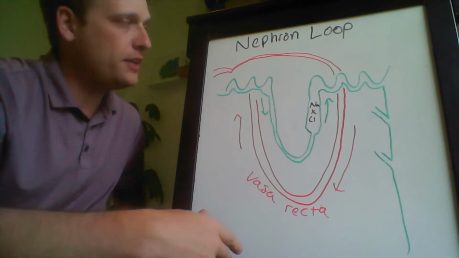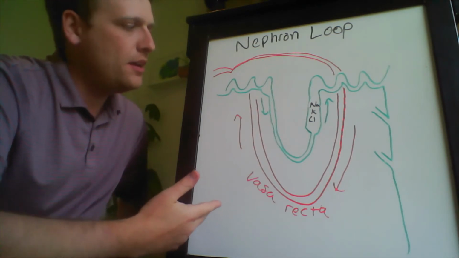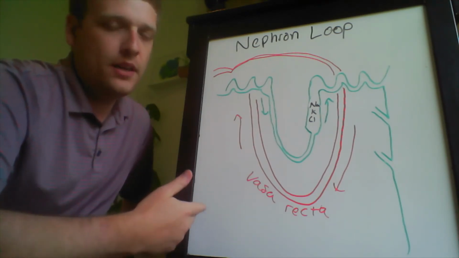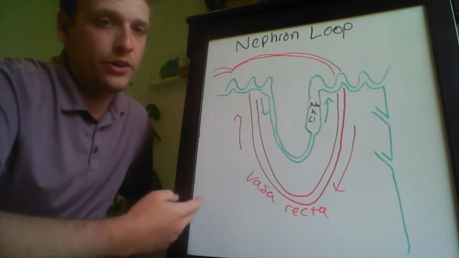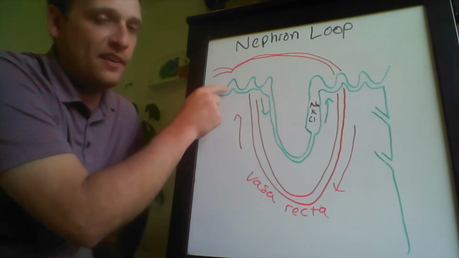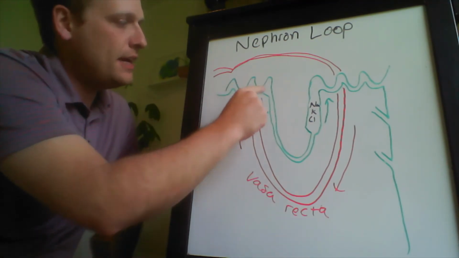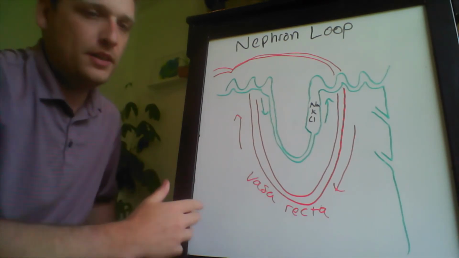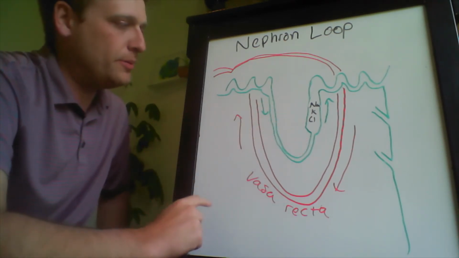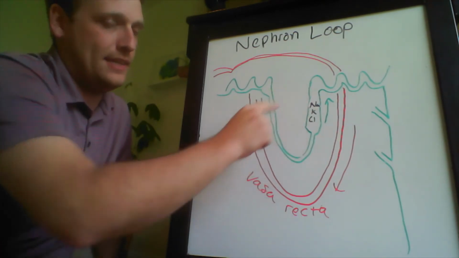So moving on to the nephron loop and what's happening here. In the nephron loop is where you get about 20% of the water reabsorption that occurs in the nephron. Remember, 65% of that is happening here in the proximal tubule. And as you move into the nephron loop, you have these two ends of the loop, the descending limb and the ascending limb.